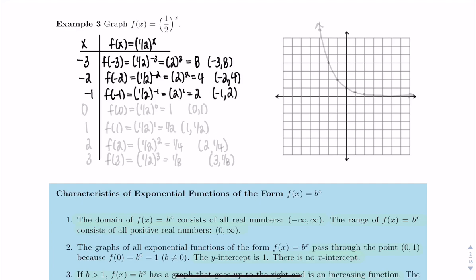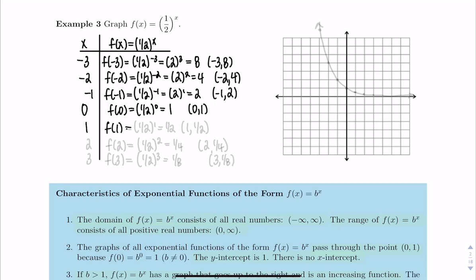So we have the point -1, 2. F of 0 is going to give me 1/2 to the 0, and anything to the 0 power is 1. So we get the point 0, 1.